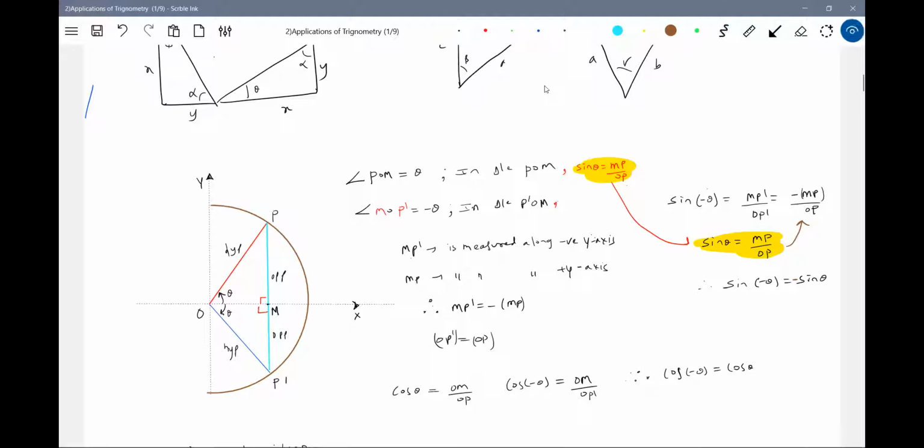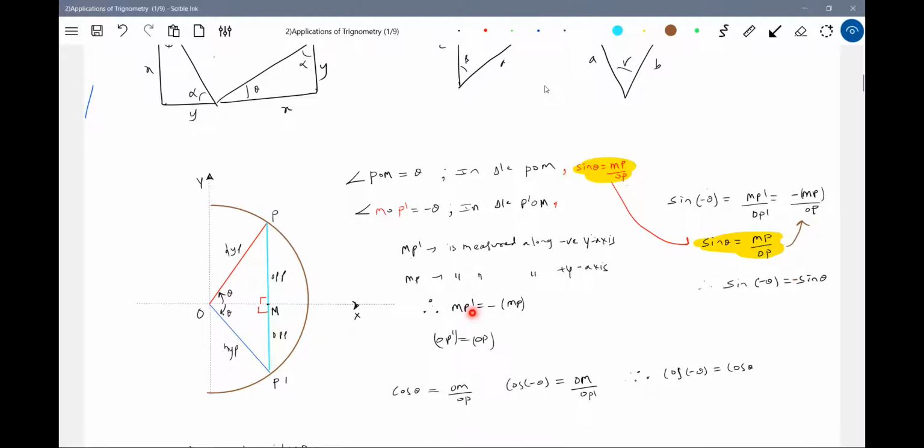In this particular triangle, sine theta we can write as MP by OP. Sine of minus theta should be equal to MP dash by OP dash. MP dash is measured along the negative y-axis, while MP is measured along the positive y-axis. So if we call MP positive, then MP dash should be negative, and both are of equal length.